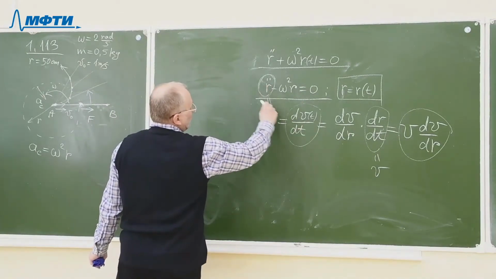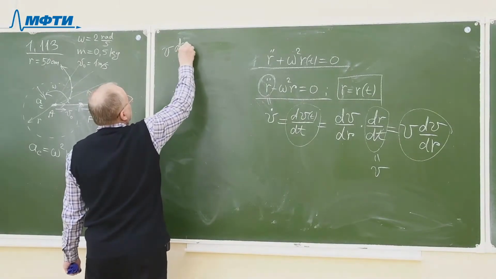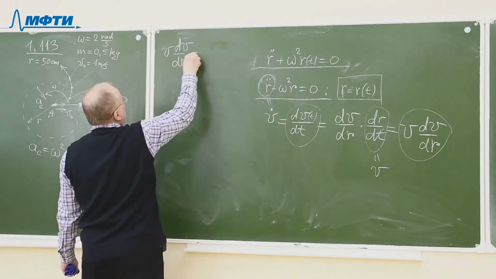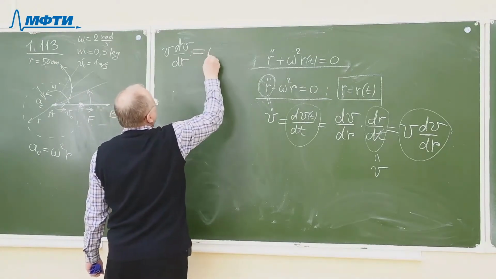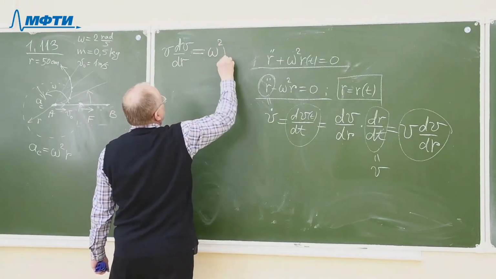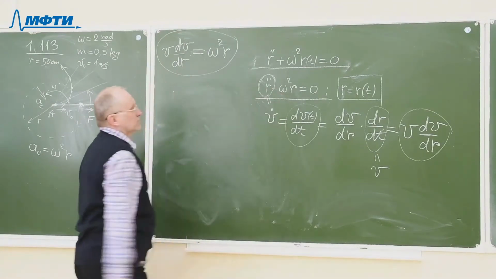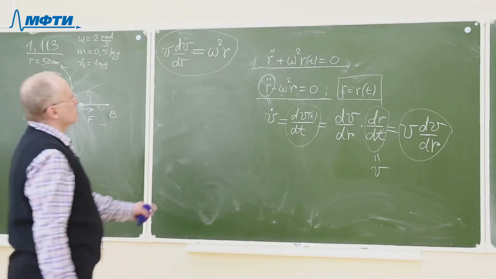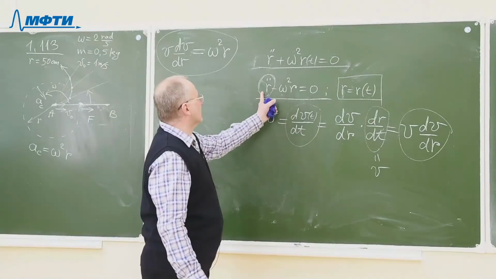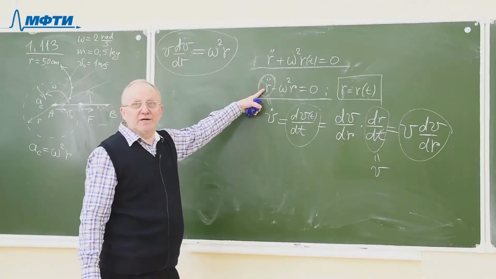So instead of the first term, I will use v dv/dr, and now it will be equal to omega squared r. That's the new equation which we obtained from the first version of the same equation. But the first version was written in such a way that here was a second derivative with respect to time.